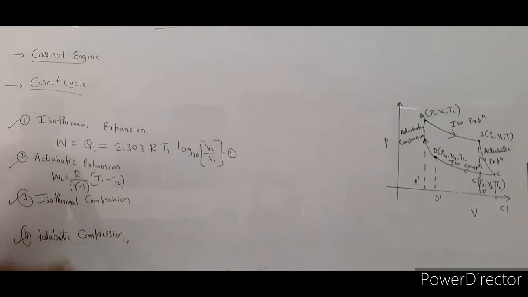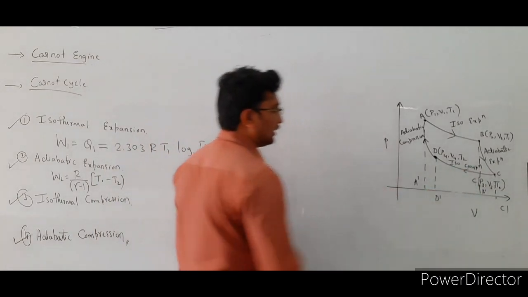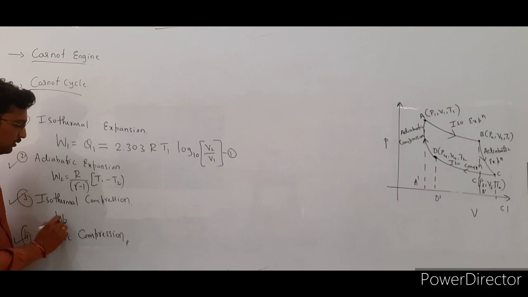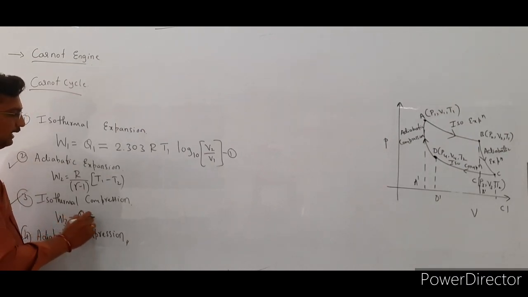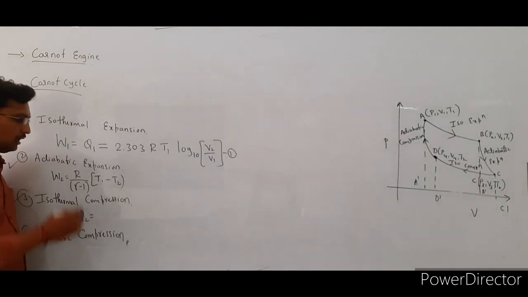The next one, in isothermal compression. So, the work done in isothermal compression, that is W3 is equal to, so in this case the Q2 quantity of heat energy is rejected to the sink.